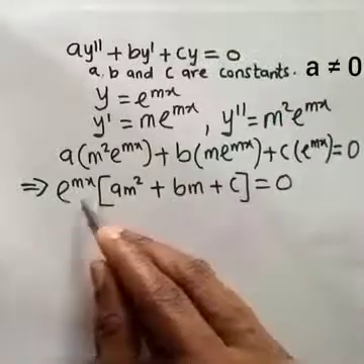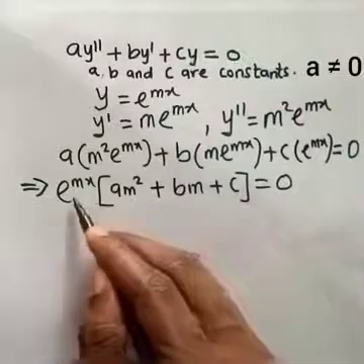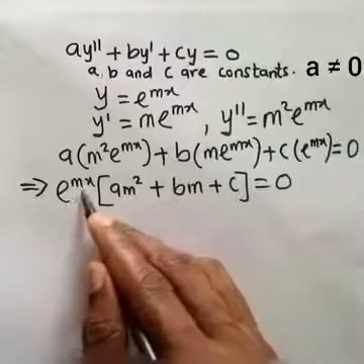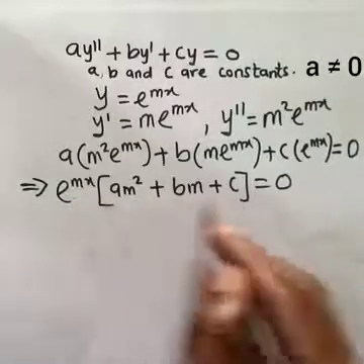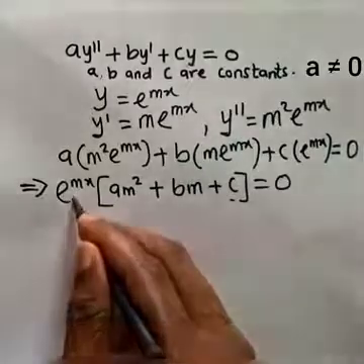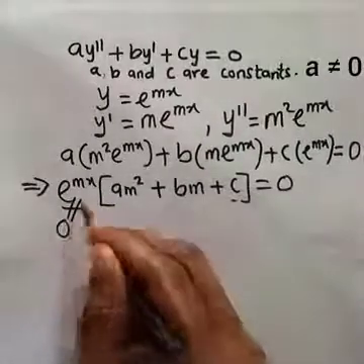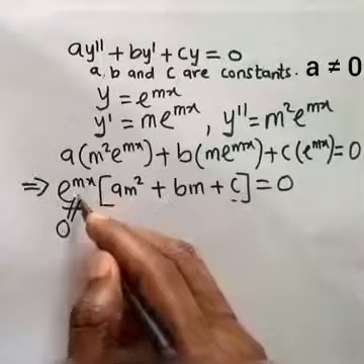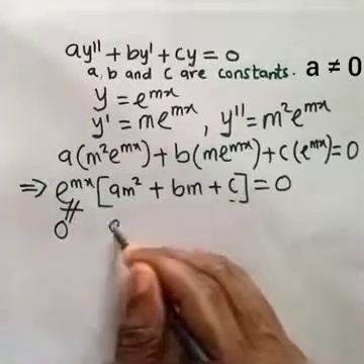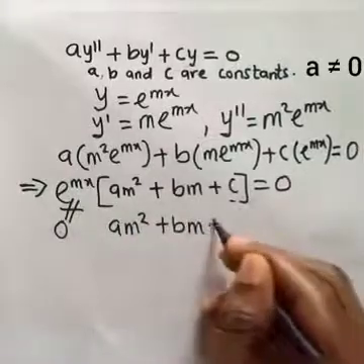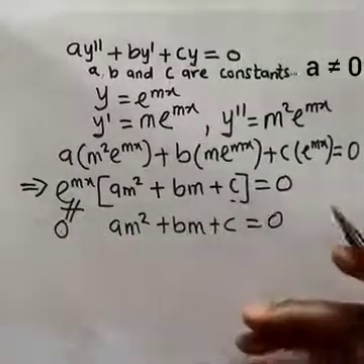Now we have the product of two terms giving 0, so either e^(mx) is 0 or this factor equals 0. But the exponential function can never be 0. So it means that am² + bm + c = 0.